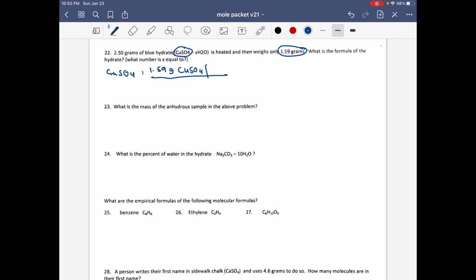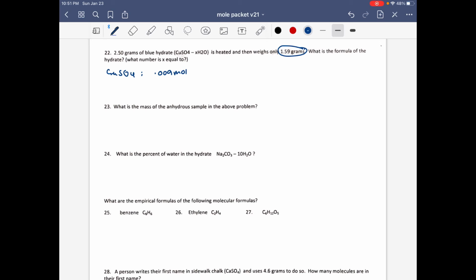Okay, we're going to convert this to moles. This is the molar mass of CuSO4. Okay, to find how much water there is, we're going to take our total minus the one that's not the water.